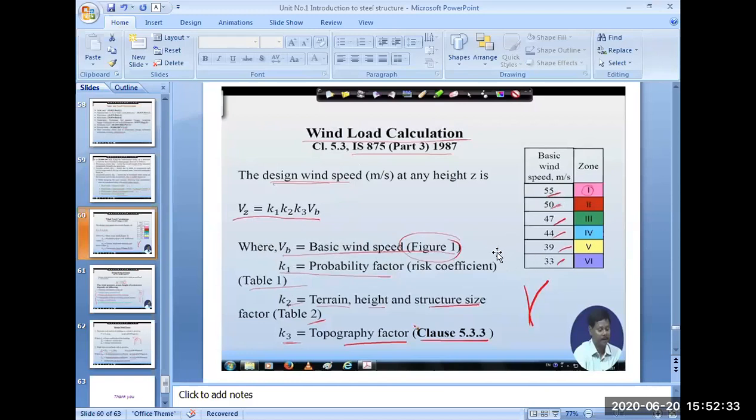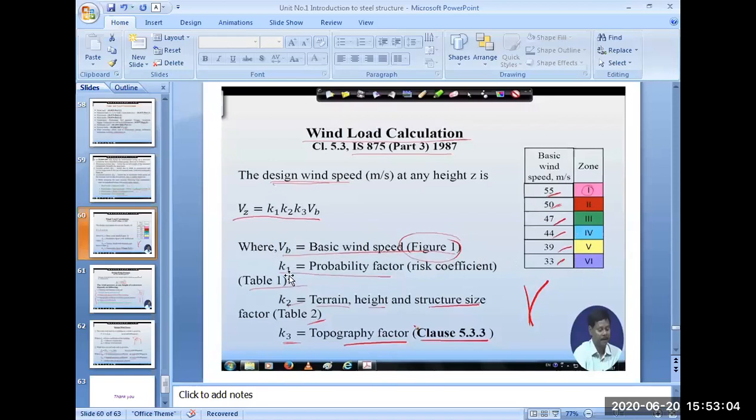So in examination, if you are asked the question that your steel structural building is located in Agra, you have to go in steel table for the Agra city. What is the zone, and for that zone which wind speed is there, that you have to find by using the steel table or IS code. So VB is basic wind speed, and that we can find from this table or from IS code.